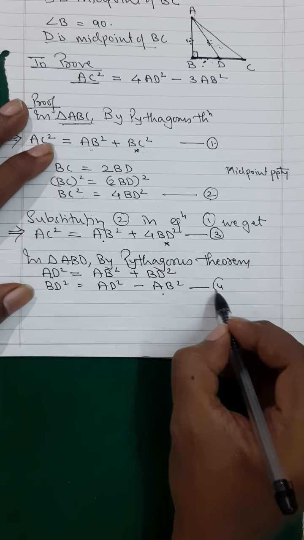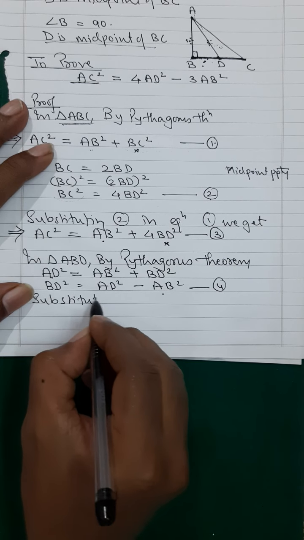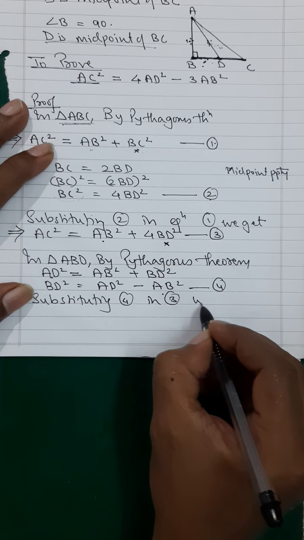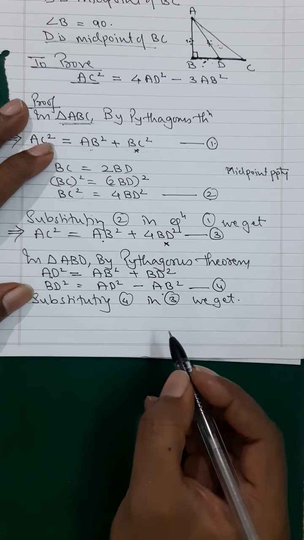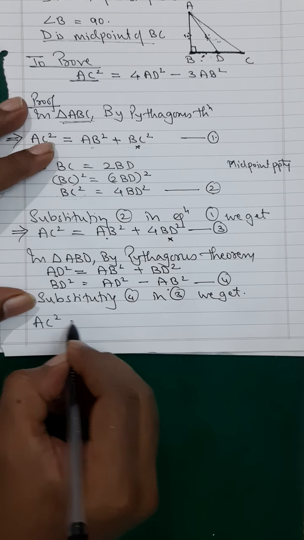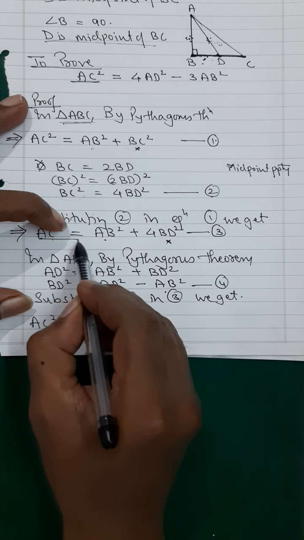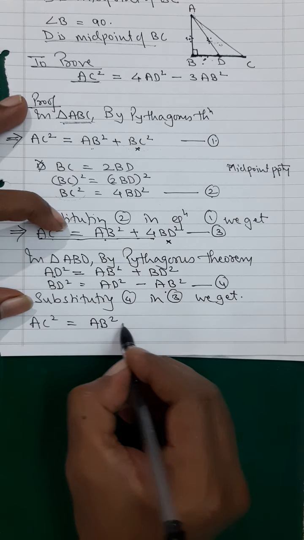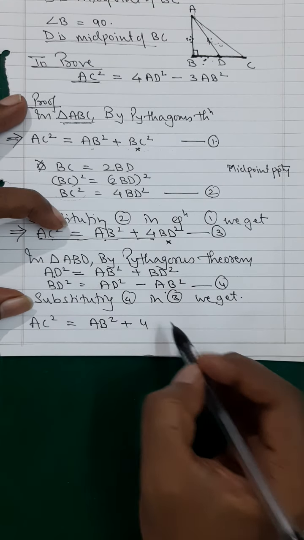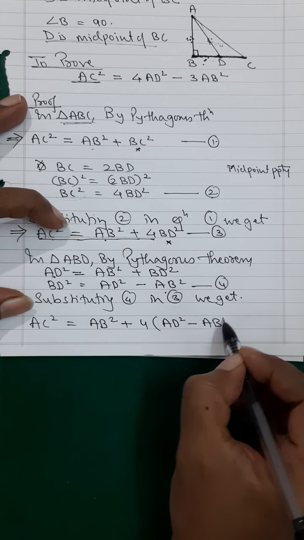So now you will substitute 4 in 3. AC square is equal to AB square plus 4, because in place of BD square you are going to write, in bracket, AD square minus AB square.